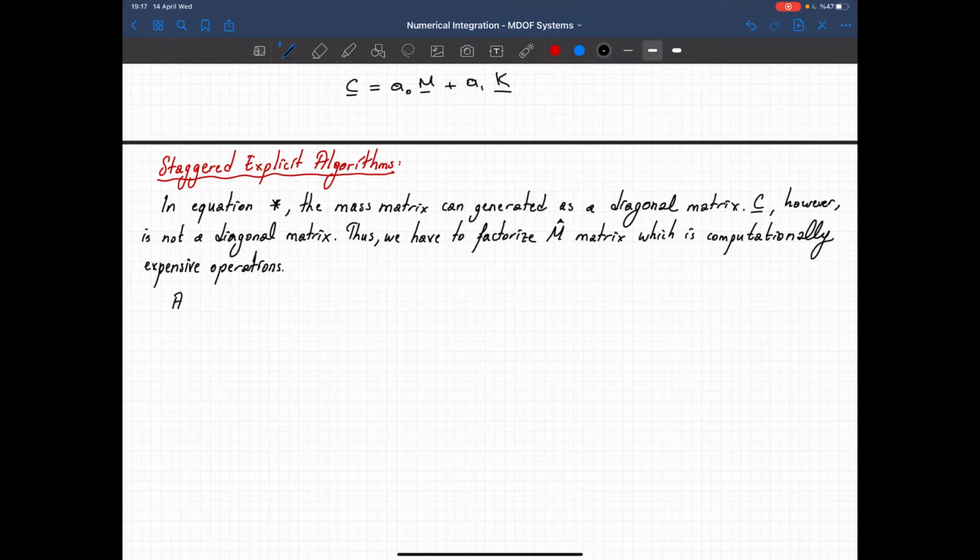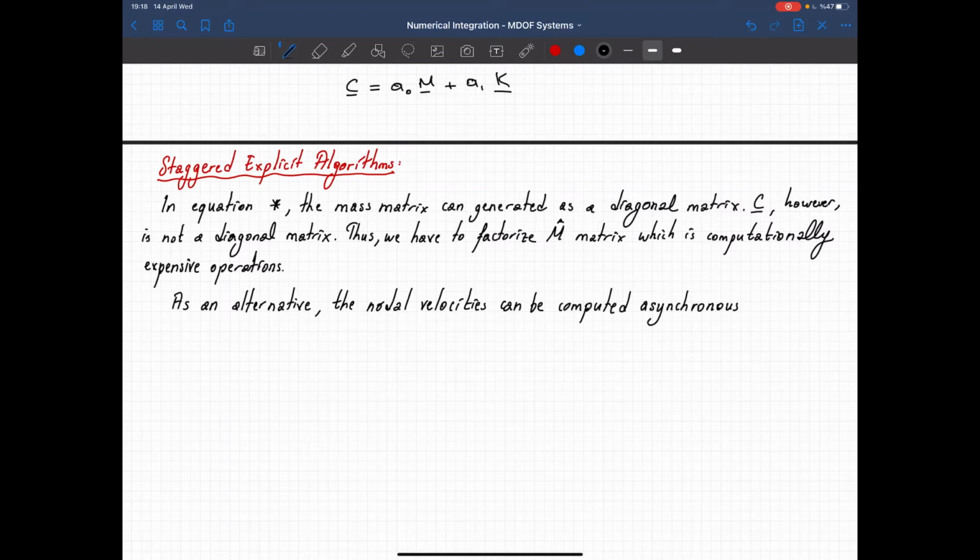So as an alternative, the nodal velocities can be computed in a staggered way at the half time steps.